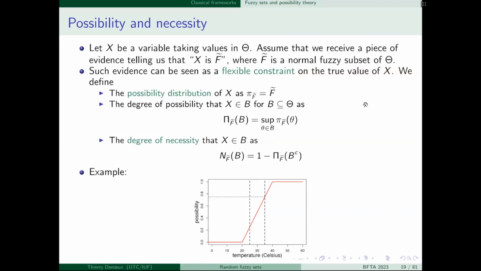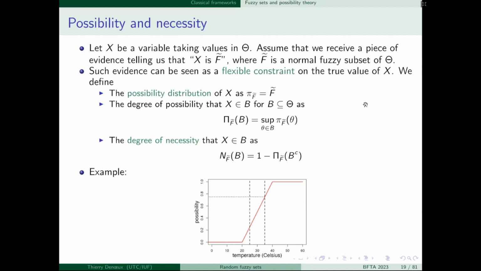So then after that, for any subset B of theta, you can define the degree of possibility of B as the supremum of the degree of possibility of theta for theta belonging to B. Okay. So for instance, here, what is the degree of possibility that the temperature is between 25 and 35? So this interval is as possible as the most possible value in it.